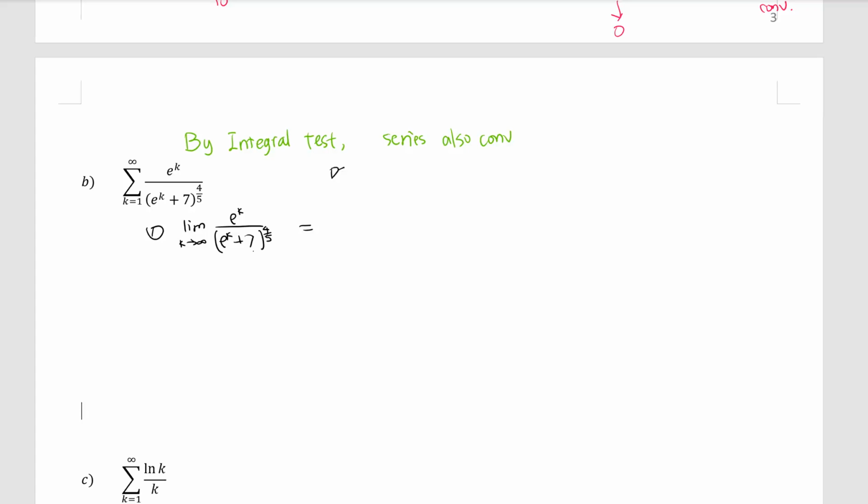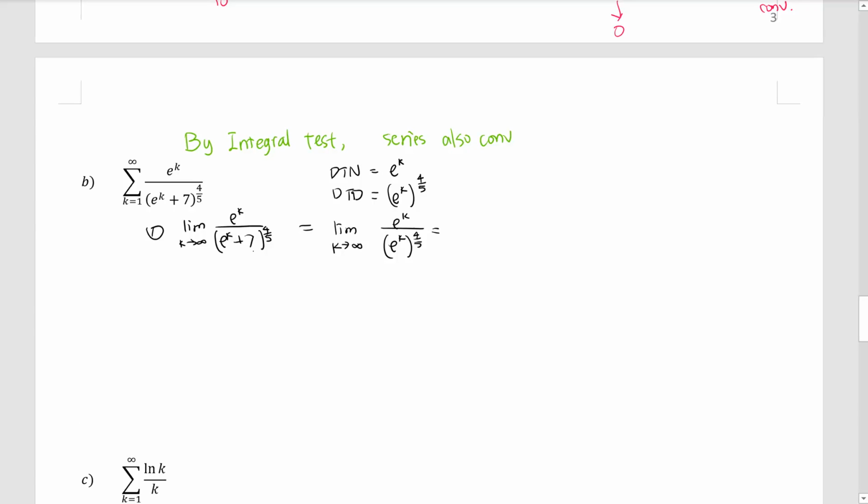You can see the dominant term of the numerator is e to the k and the dominant term of the denominator is e to the k to the 4/5. So as k goes to infinity, we have e to the k over e to the k to the 4/5.